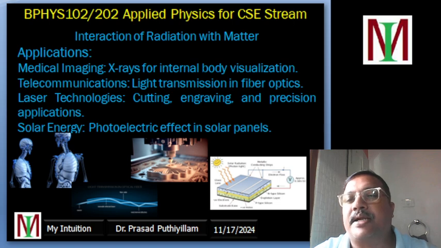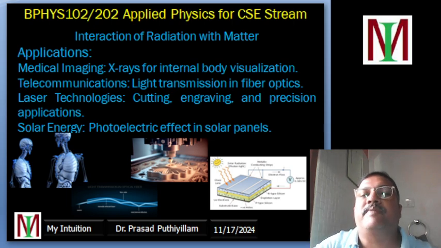In laser cutting or laser engraving, intense laser beams are used and are absorbed by the material, which causes localized heating. So the material can either vaporize, melt, or burn, depending upon the intensity of the laser and the type of base material we have.